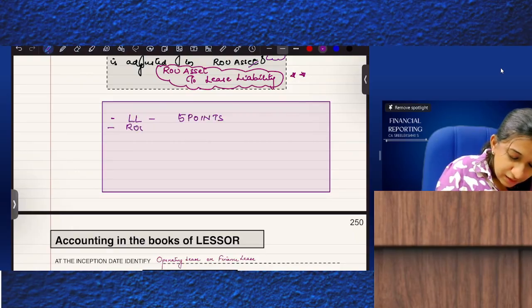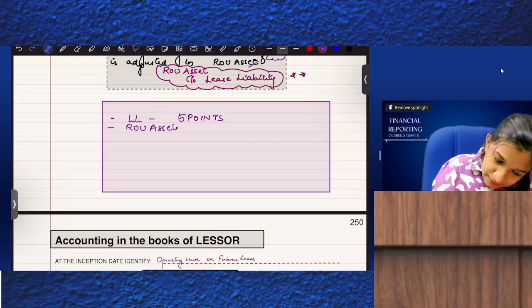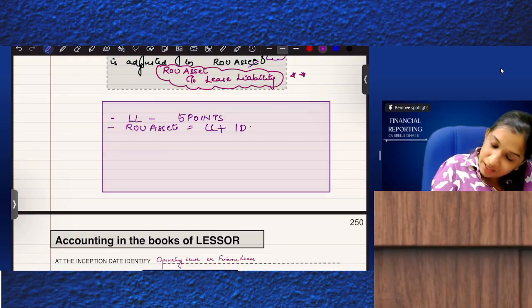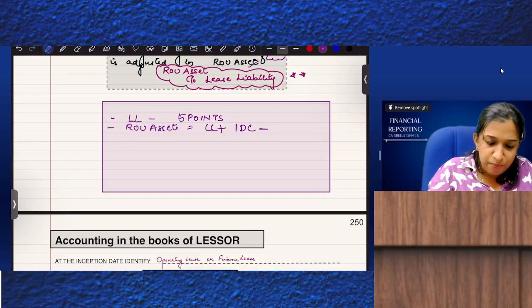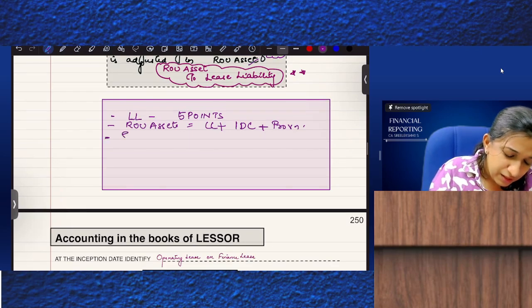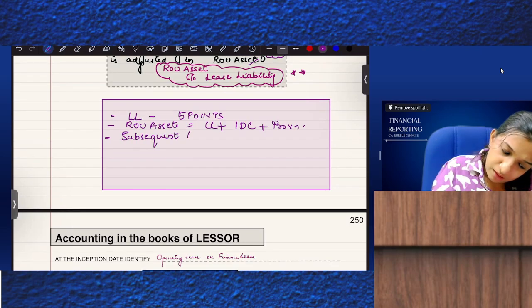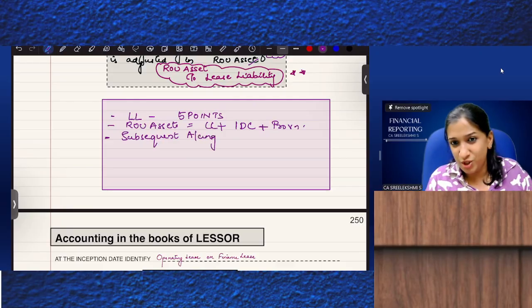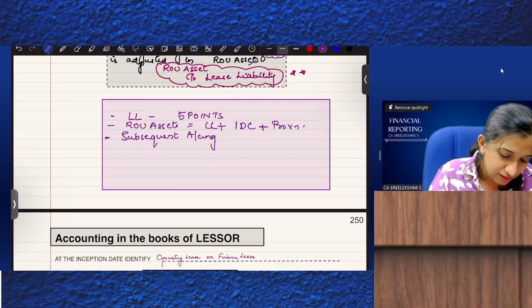ROU asset is lease liability plus any initial direct cost plus any provision for dismantling. Then subsequent accounting: ROU asset will be depreciated, lease liability will be unwound.